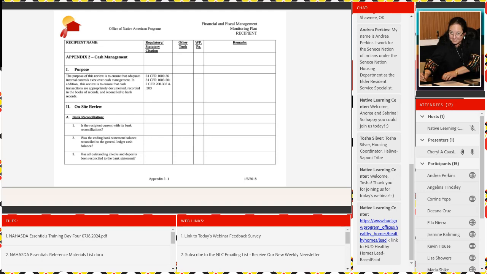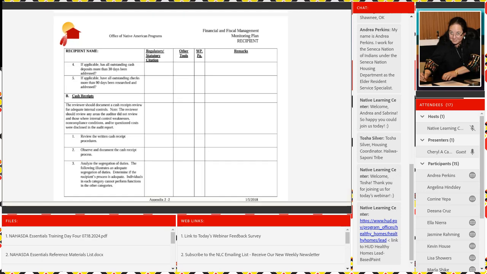Was the ending bank statement balance reconciled to the general ledger cash balance? Have all outstanding checks and deposits been reconciled to the bank statement? If applicable, have all outstanding cash deposits more than 30 days been addressed? If applicable, have all outstanding checks more than 90 days been researched and addressed?